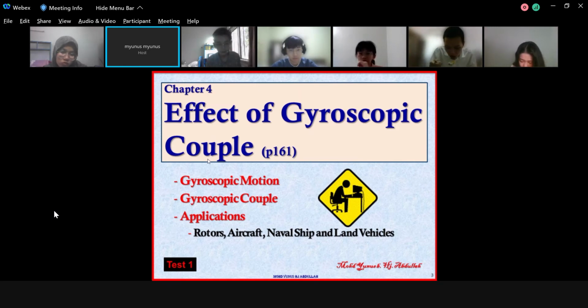Couple is when you have two forces acting in opposite directions, and it will do the rotation, either clockwise or counterclockwise. That is couple. A moment can be two forces acting in the same direction. Two forces acting in different directions will make one circle, and that is a couple.